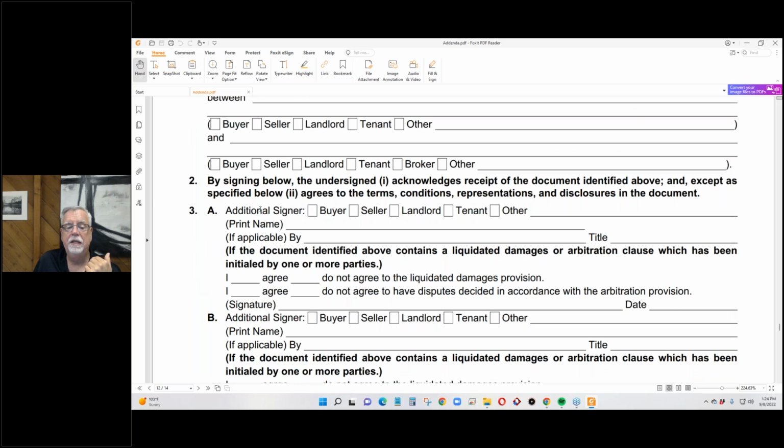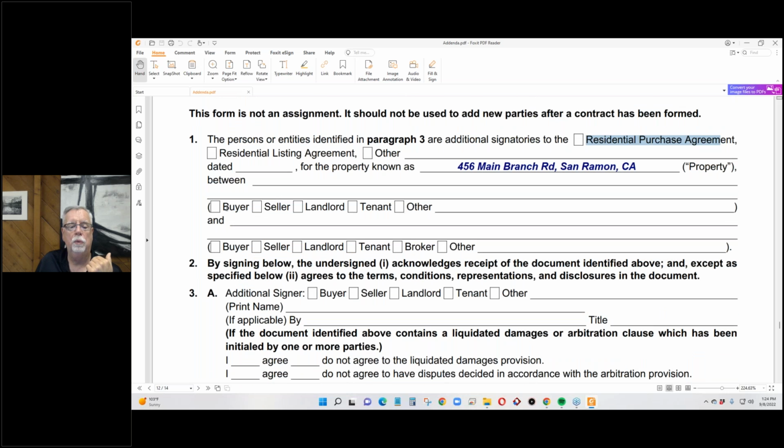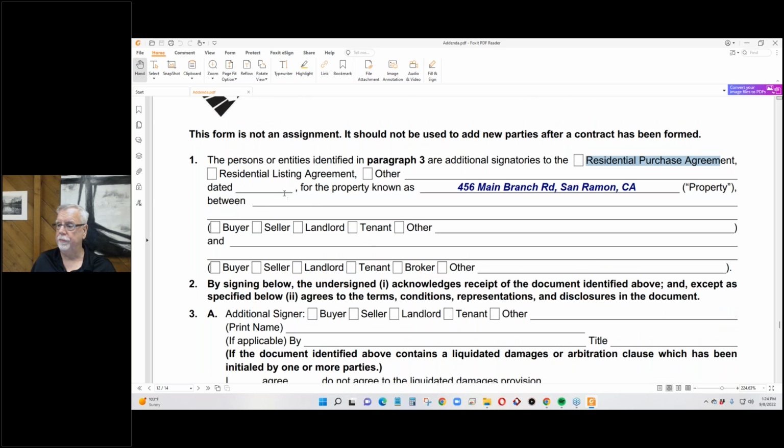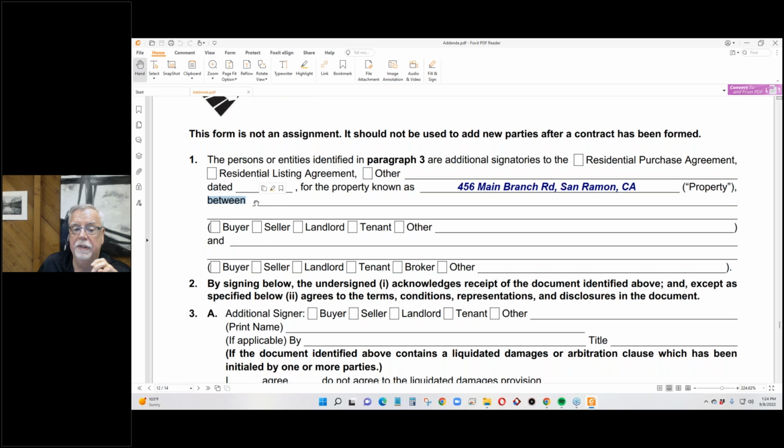And then additional signer. So what we would be doing is, let's say there are 4 buyers. 2 of them have already signed their residential purchase agreement. There are 2 more. Right, so what we would do is we're going to write in, let's say the seller's name is, can I do this here?